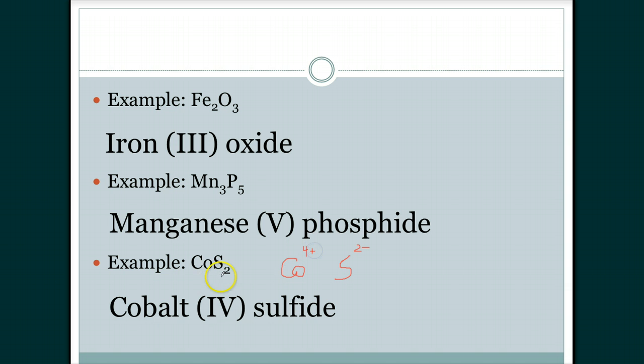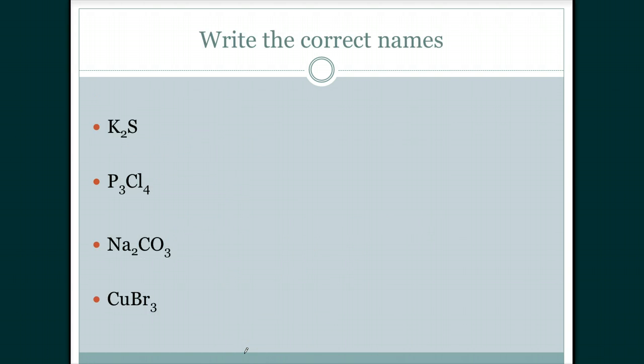So it's not 2 in this case, because you need to think of the charge on the sulfide ion. So when you unveil this formula, you end up with the name for this compound: cobalt(IV) sulfide. Here we have potassium sulfide.